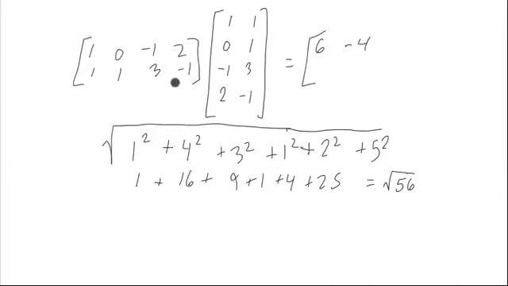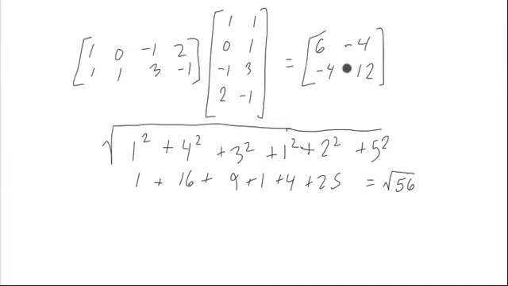We do that and that: 1 minus 3 is minus 2, minus 2, and we have another negative 4. And then do this again over here. We get 1, 1, that's 2, plus 9 is 11, plus 1 is 12.